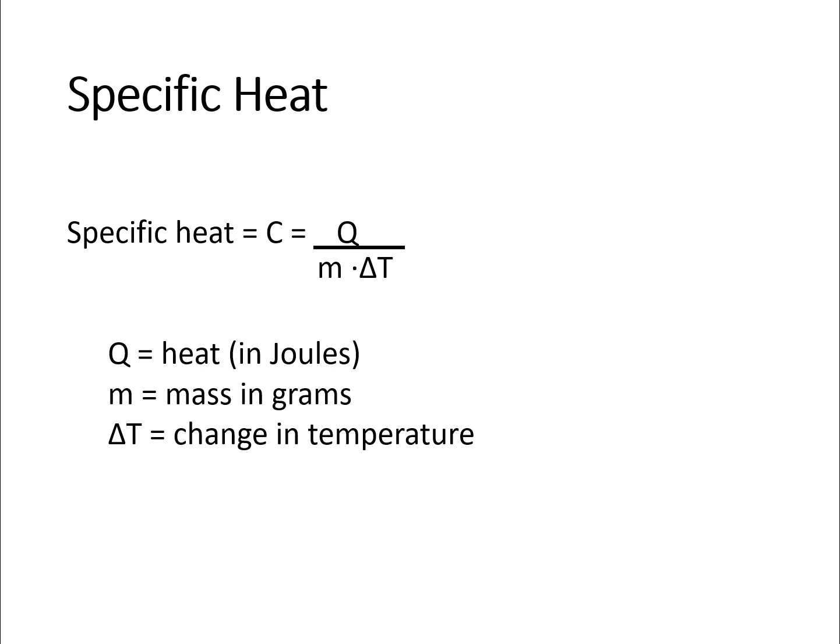So if I have 1 gram of water, and it's at 37 degrees Celsius, if I want to bump it up to 38 degrees Celsius, the amount of heat required to go from 37 to 38, that amount of energy, that's the specific heat.